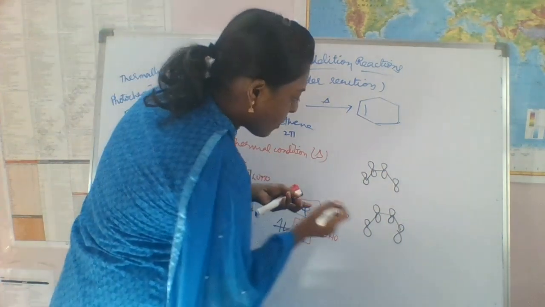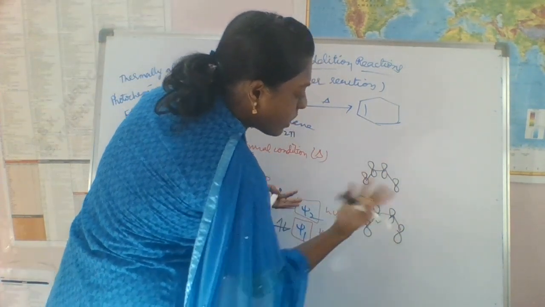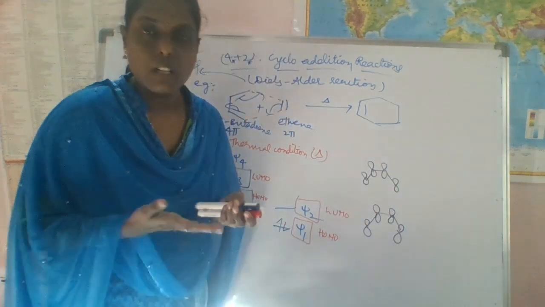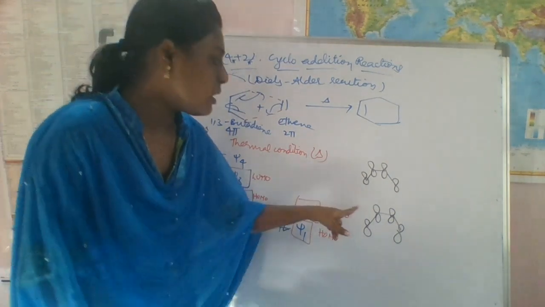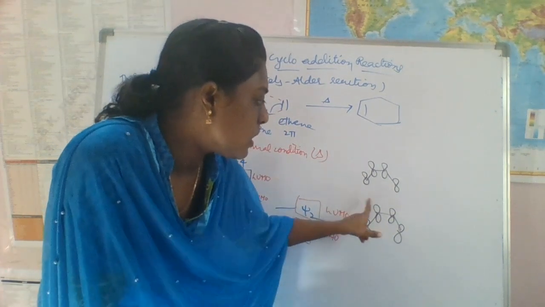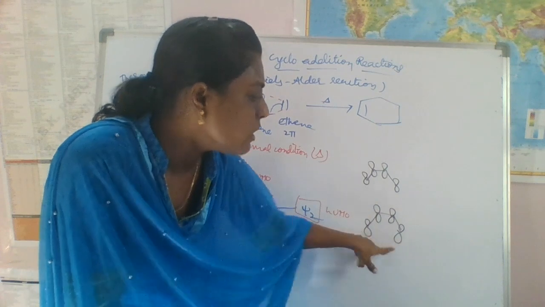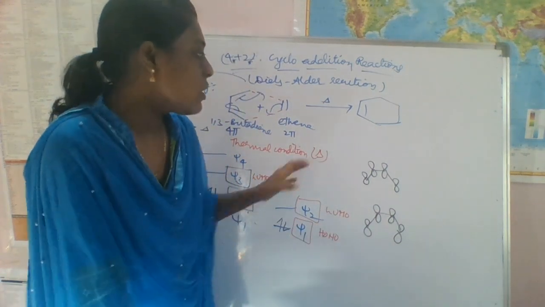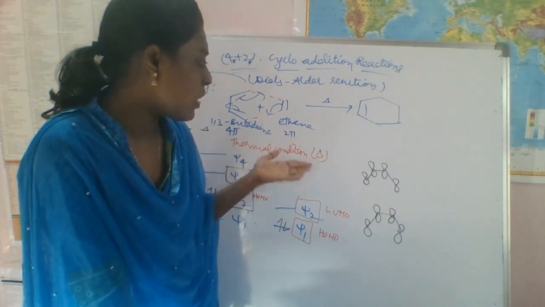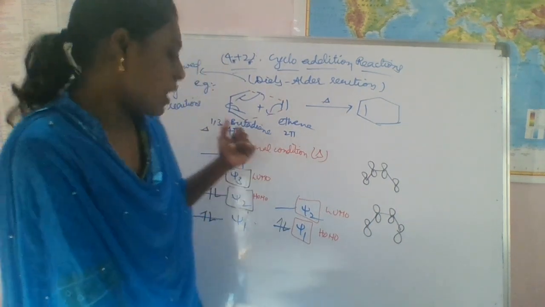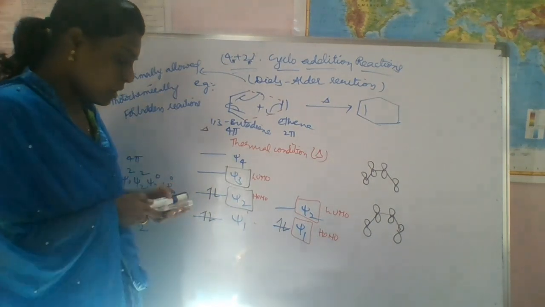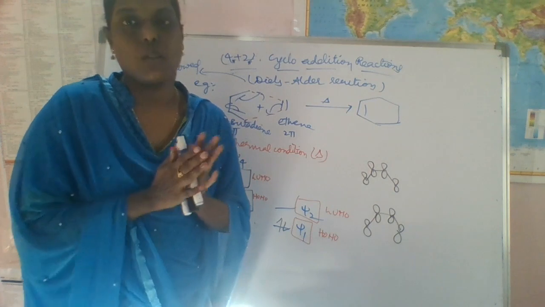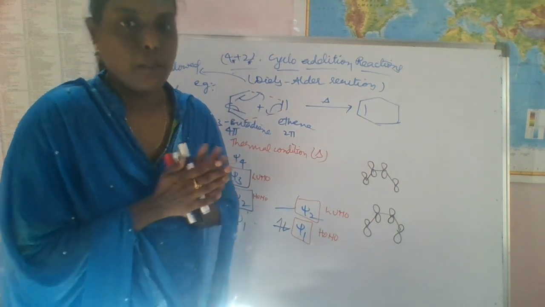If it involves both lobes either upward or downward, we call it suprafacial. If opposite lobes are involved, then it is called antarafacial addition. This is mainly in the Diels-Alder reaction, so this HOMO-LUMO depends on the substrates present on the molecules.